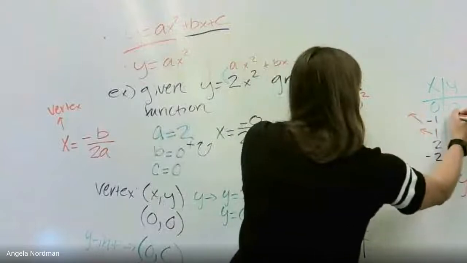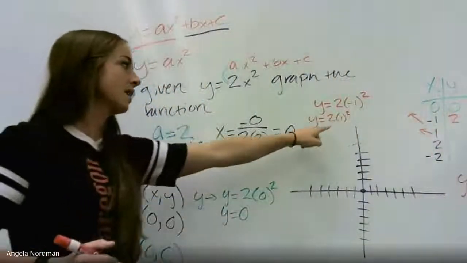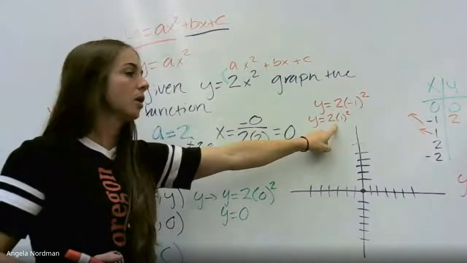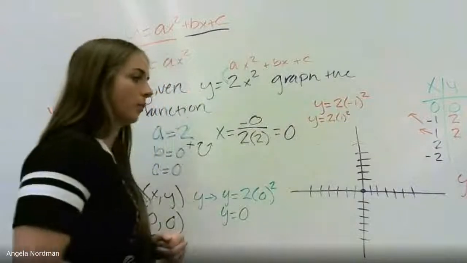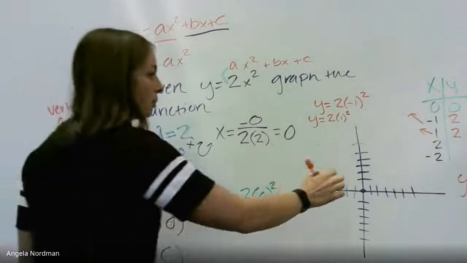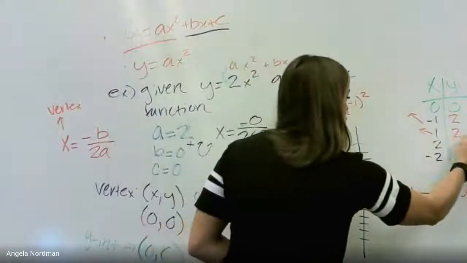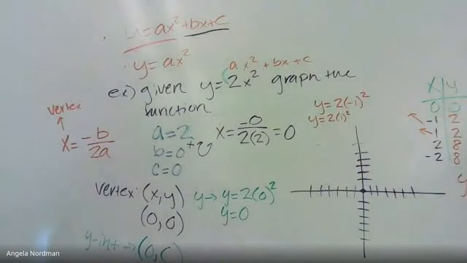So when x is -1, my y is +2. Same thing for +1. 1 squared is 1 times 2 is 2, okay? So then when we're dealing with 2, you should be getting 8. When you're dealing with -2, you should be getting 8.